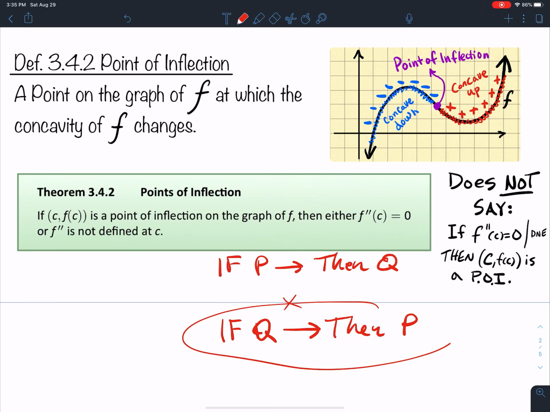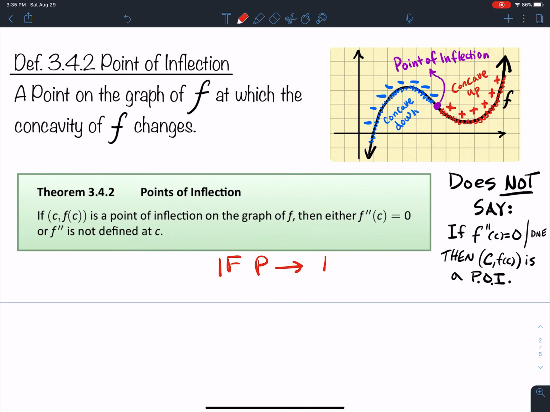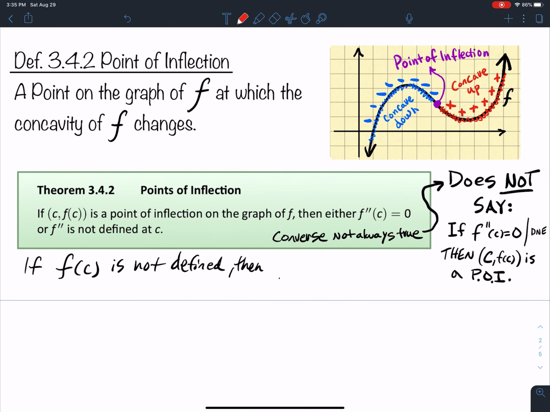So this is what's known as the converse of that first statement. Those aren't the same thing. So if the point of inflection is on the graph, then that means that the second derivative is 0 or undefined, okay? It doesn't go the other way. The other way just tells us potential points of inflection. So the converse is not always true.